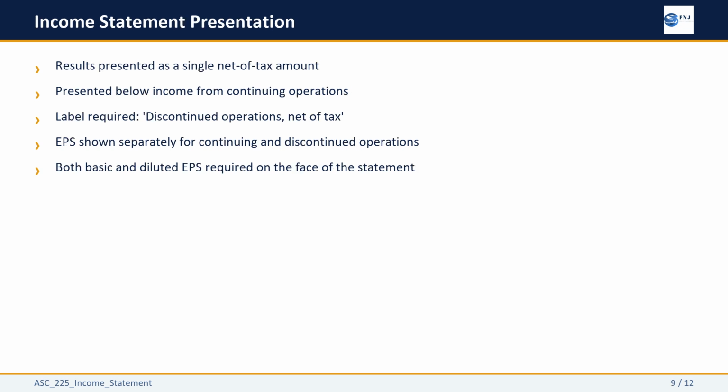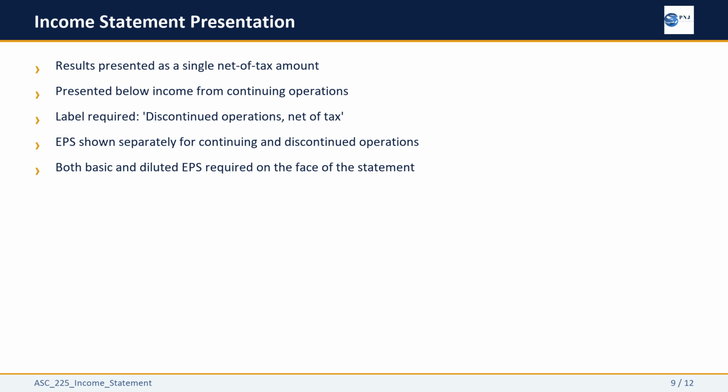Once a component qualifies, the presentation rules are precise. Everything, revenues, expenses, gains, and losses of the discontinued component collapses into a single line, already net of its tax effect. That line sits below the continuing operations subtotal, clearly labeled discontinued operations, net of tax.